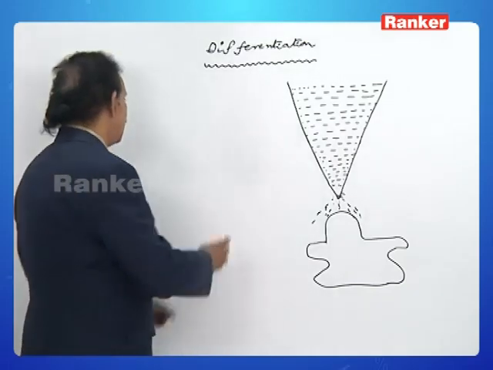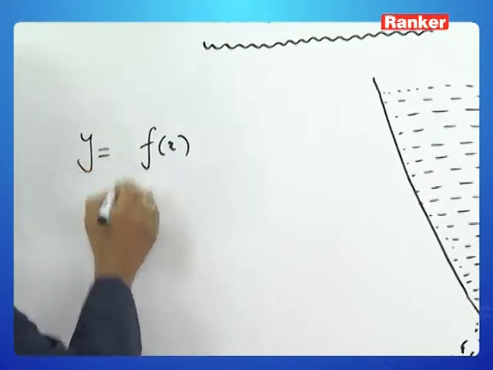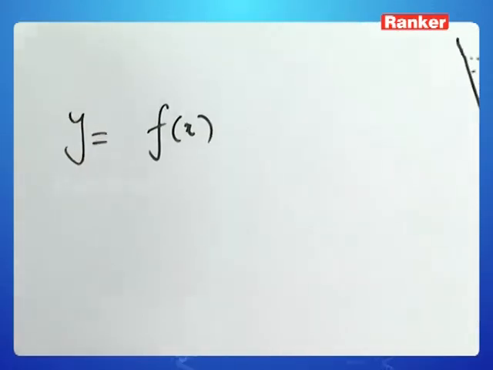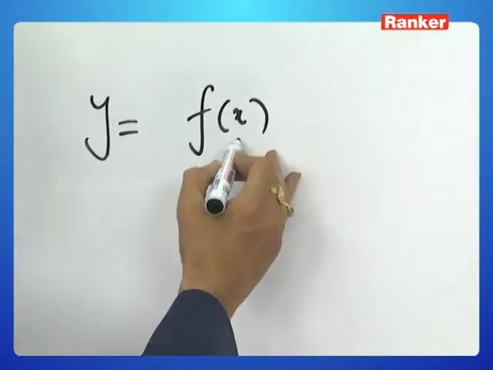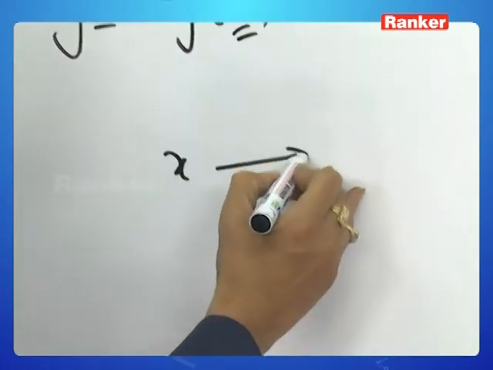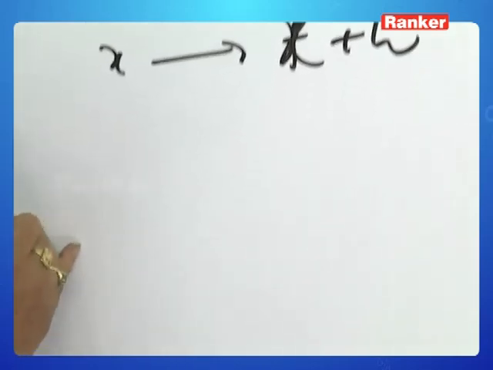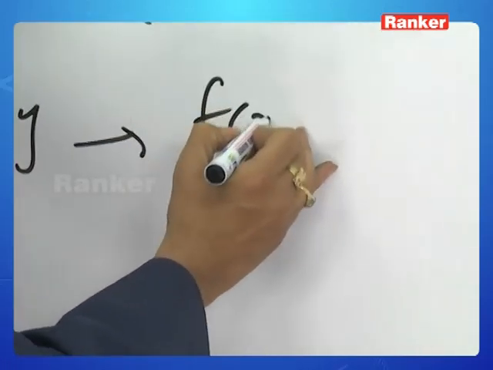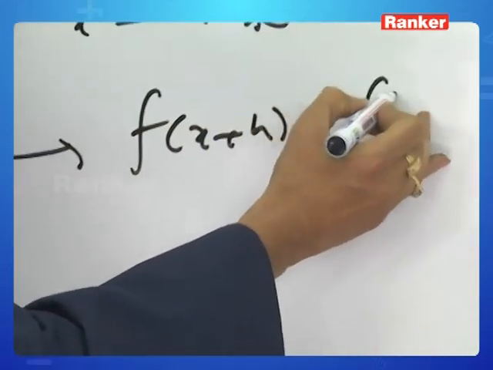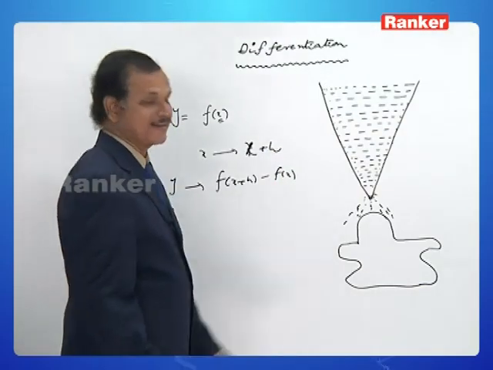Well, let y is equal to f of x be a function. There has been a change in the independent variable, say x. x may change to x plus h, you imagine. Then y changes to f of x plus h minus f of x. What is the rate of change?